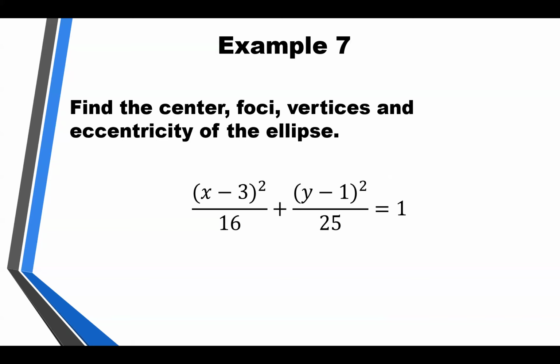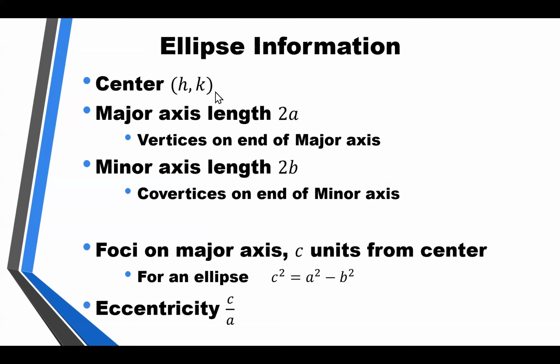This one says find the center, foci, vertices, and eccentricity of the ellipse given here. This ellipse is really nice because it's in standard form. So to find the center, foci, vertices, co-vertices, and eccentricity of the ellipse, we can use all of the properties we saw before, specifically this information.